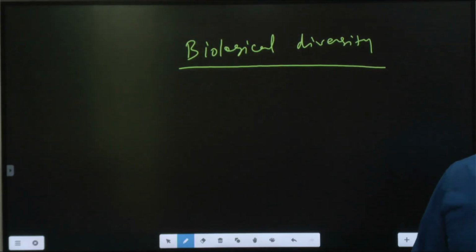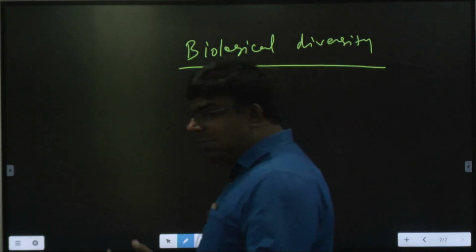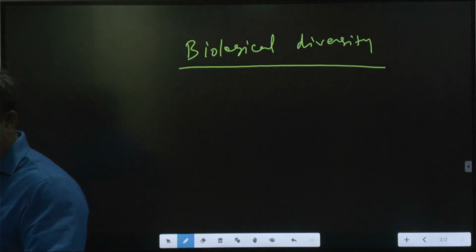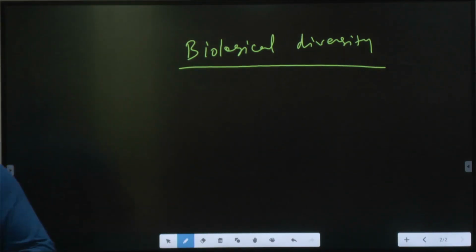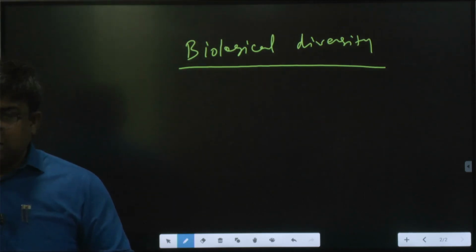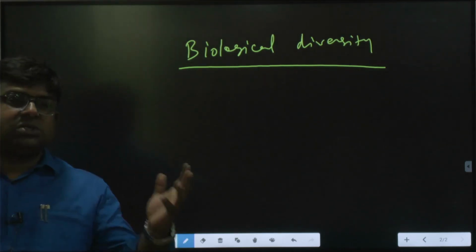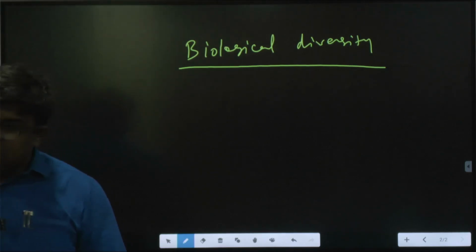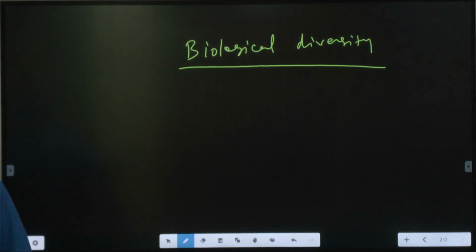And why this peculiar thing for biodiversity? The data which I recently provided you is justification that this subject has enormous scope of new investigation and new discoveries, right?